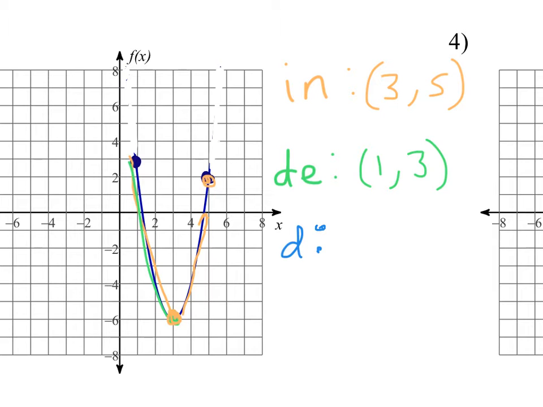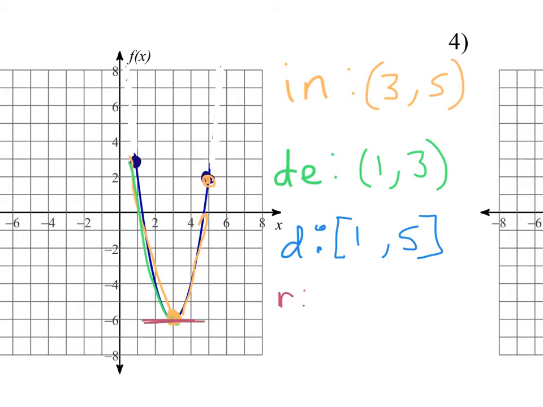Domain deals with all the x values of our graph also. So this graph goes from +1, and we have a closed circle, so we put a bracket, and then our graph ends at +5. So our domain is from 1 to 5. And then our range is the y values.